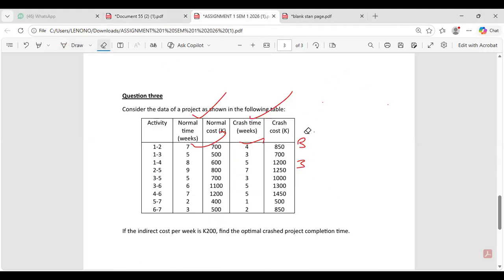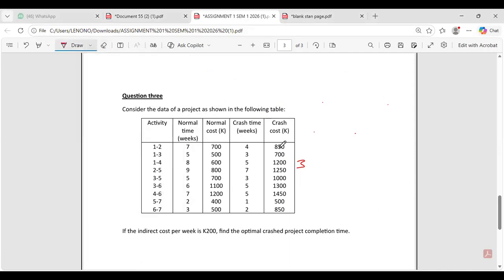So for the first one it is 850 minus 700, 700 minus 500, 1,200 minus 600, 1,250 minus 800, 1,000 minus 700, 1,300 minus 1,100, 1,450 minus 1,200, 500 minus 400, 850 minus 500.